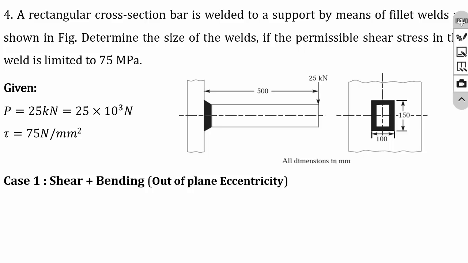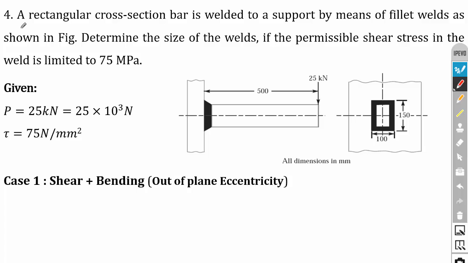So we'll start with the problem on case 1. The problem is: a rectangular cross section bar is welded to a support by means of fillet welds as shown in the figure. This is the side view and this is the front view. The weld is carried out in this plane and the load is acting on a different plane.